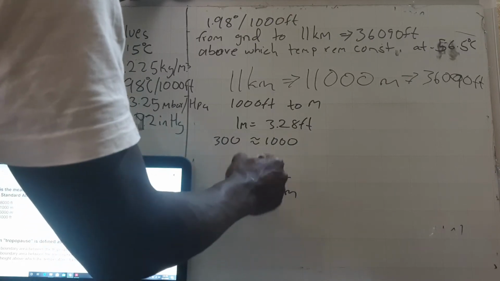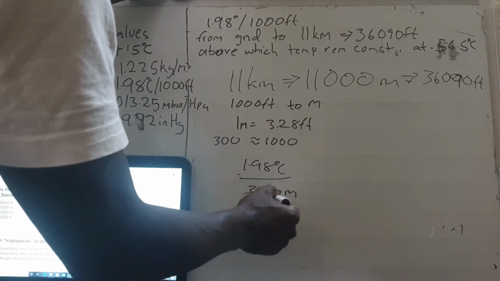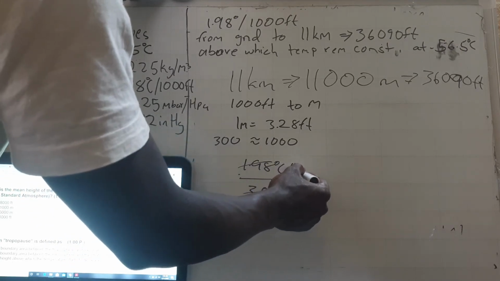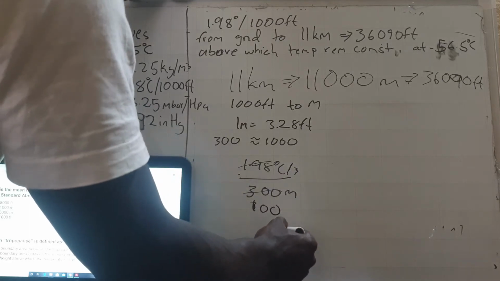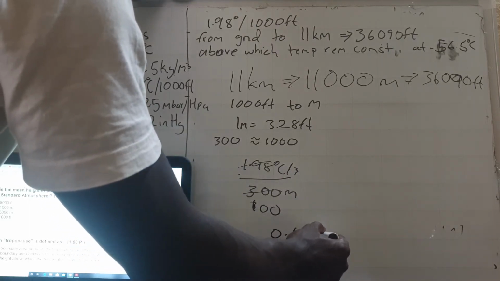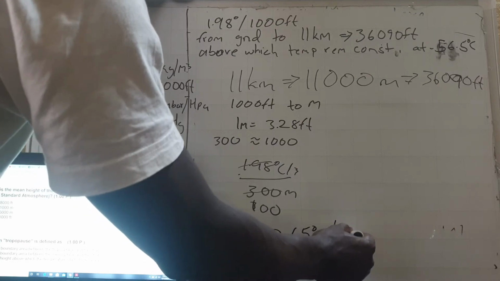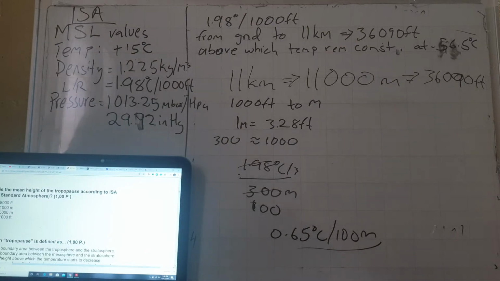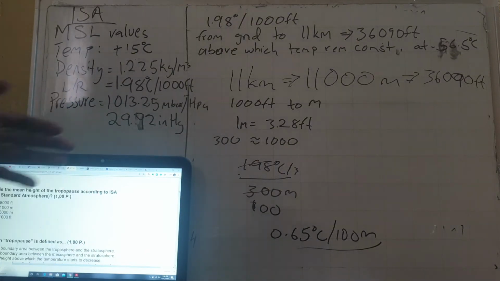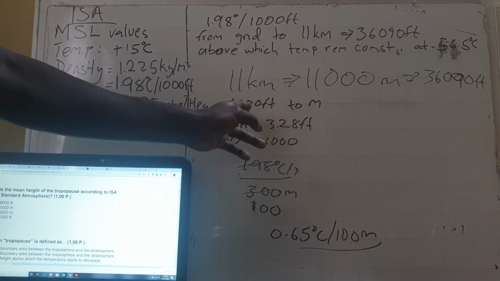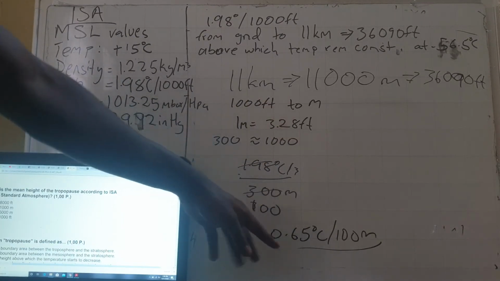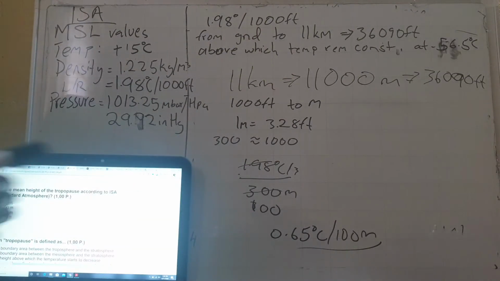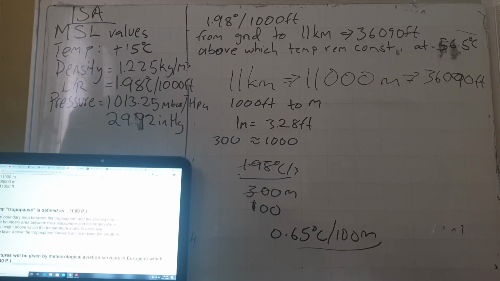If you want it per 100 meters, divide by 3, get 100, and also divide this by 3. Then I think 0.65 degrees Celsius per 100 meters. Even in those things we discuss, dry and wet lapse rate, environmental lapse rate, just use this. Whenever you have 1,000 feet, just put 300 meters and then cancel, and you get the answer. You don't need to cram all of this, you just need to know one and then you know how to convert from one form to another.